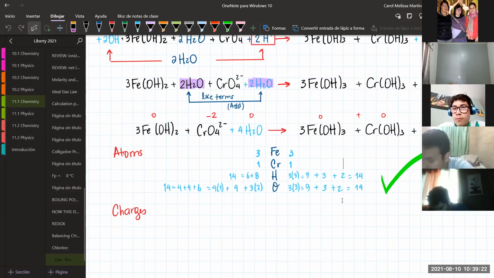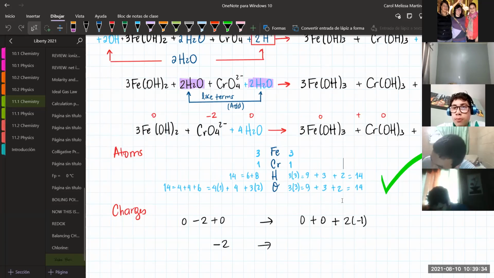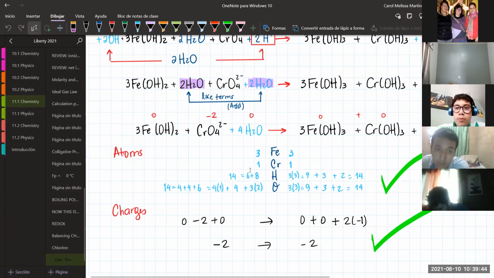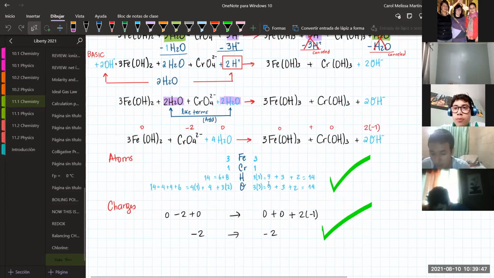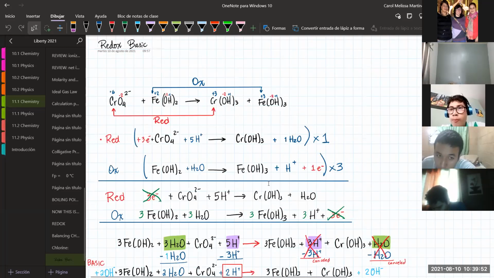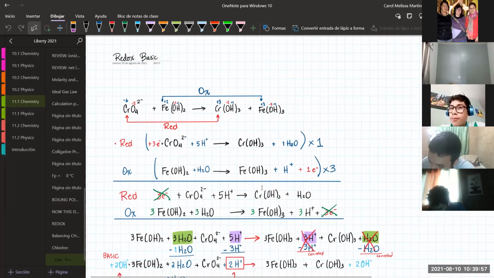So we compare the charges: 0 minus 2 plus 0, producing 0 plus 0 plus 2 minus 1. So this gives me -2 producing -2. It is balanced. We have the same amount of charges. So we can say that this equation is balanced by the number of atoms and also by the charges by using the basic redox procedure.